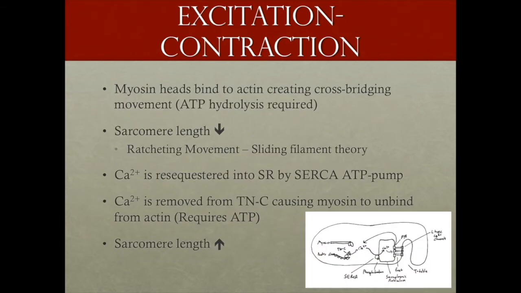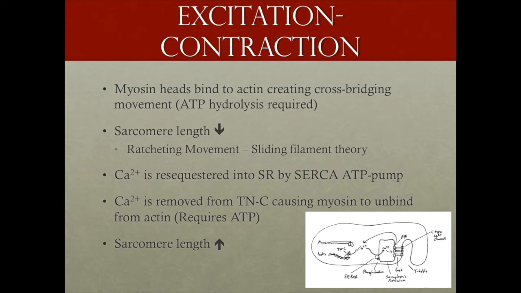Myosin heads then have the ability to bind to actin, creating the cross bridge and subsequent movements with ATP hydrolysis. Sarcomere length is decreased by the ratcheting movement of our sliding filament theory. Calcium is eventually then resequestered into the sarcoplasmic reticulum by the SERCA ATP pump.